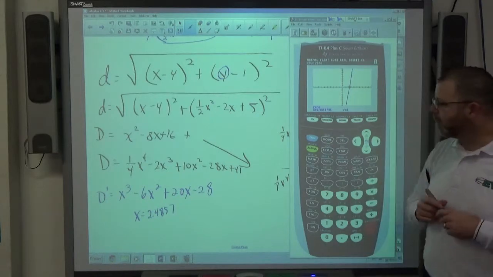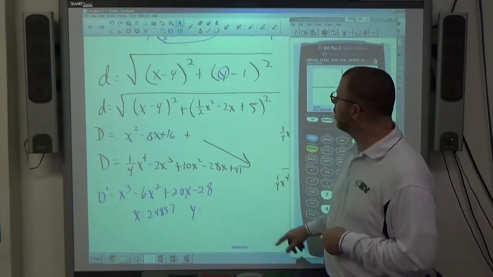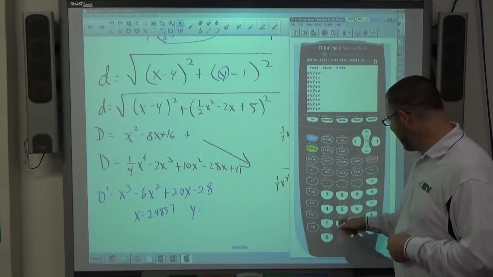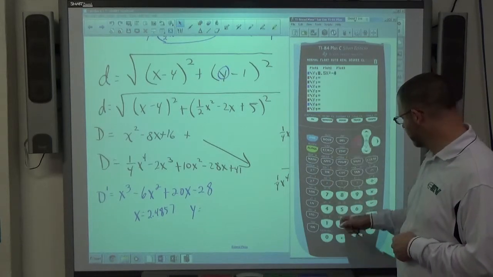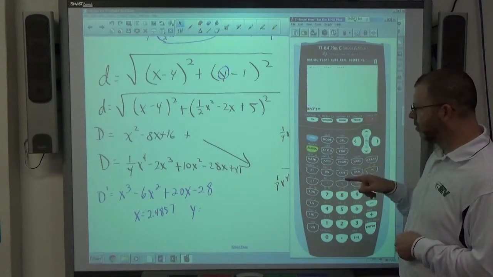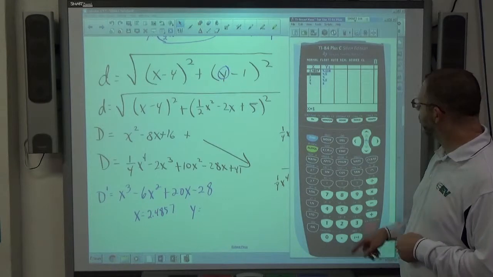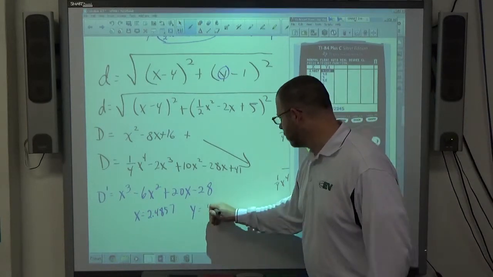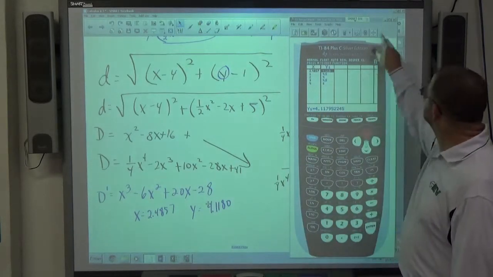Then we just have to figure out what y is, based on the equation, y = 1/2 x^2 - 2x + 6. If you put in 2.4857, I get 4.11795, so 4.1180. So that would be the point.